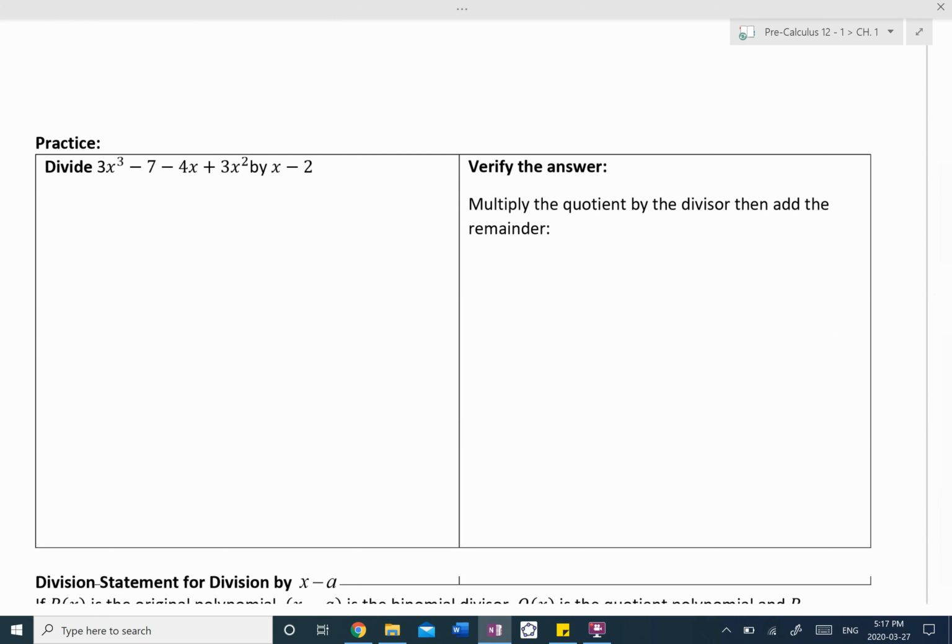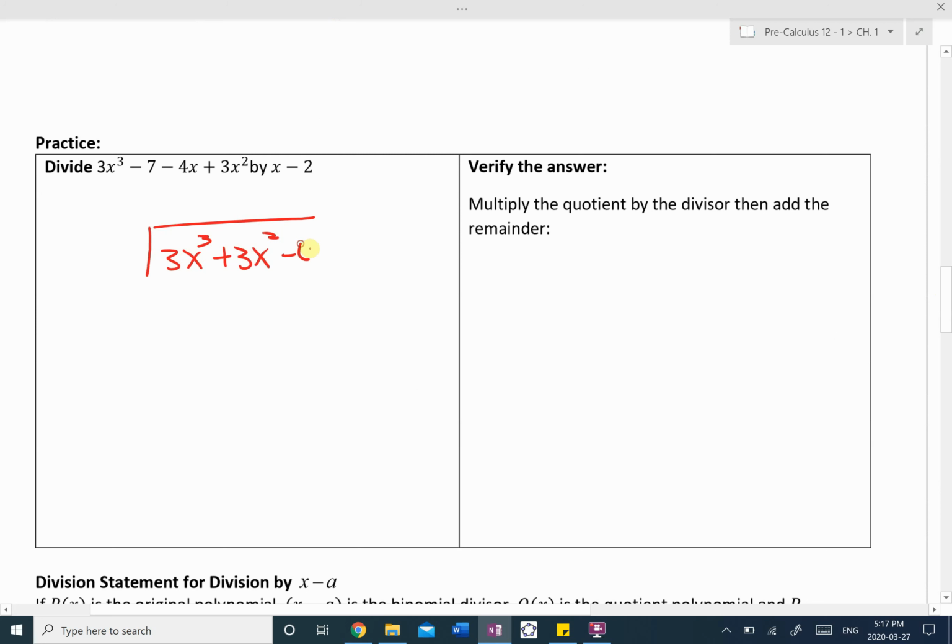Okay, so I'm sure by now you have finished the practice. I'm just going to do it quickly, so make sure you check the answers by verifying. I guess you don't really need to watch this part of the video, but I'm going to do it quickly so you can take a look, see if you did it right. That's minus 6x squared.